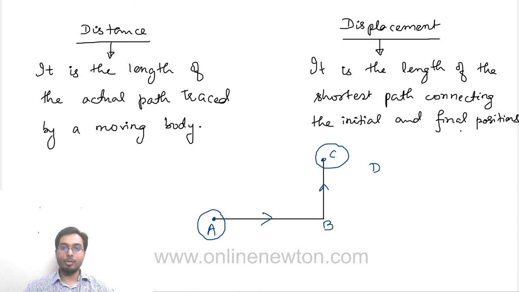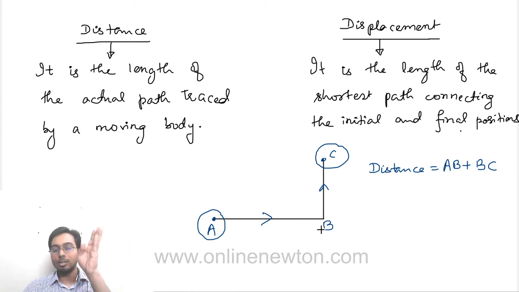So if we try to find what the distance is, in this case the actual path is A to B and then B to C. So the length of line segment AB plus the length of line segment BC would be your distance, because that is the actual length of this path which has been traced by the body. It's tracing this path. So this is the actual path which the body is following. What about displacement?